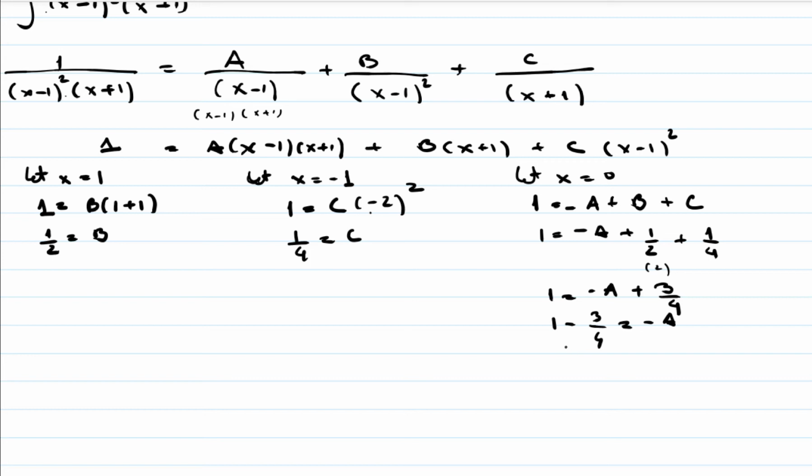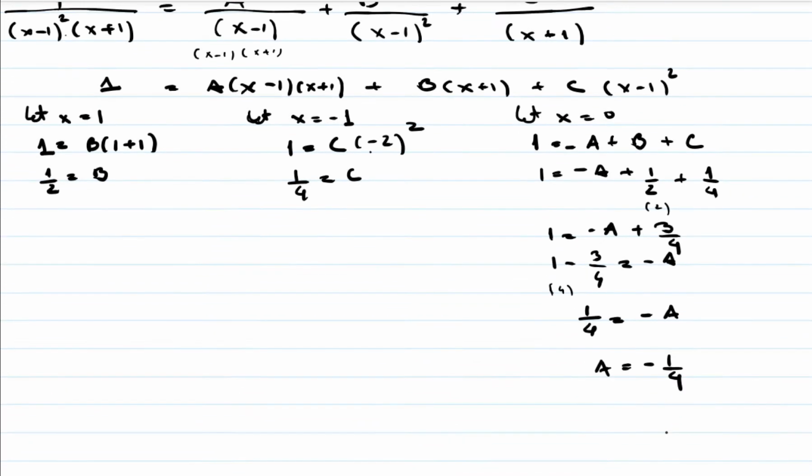Fine, so what you need to do for the LCM is to put here 4. Okay, so this is going to become 4 minus 3, which is 1 divided by 4, is equal to minus a. So this tells us that a is equal to minus 1 divided by 4.